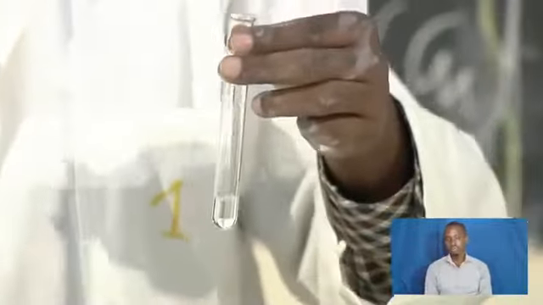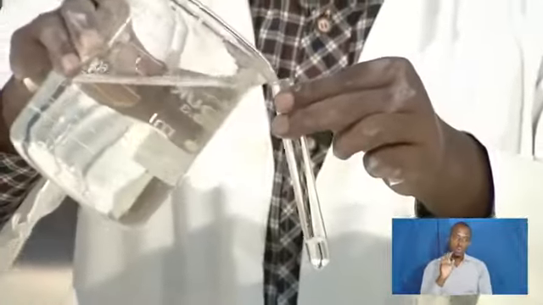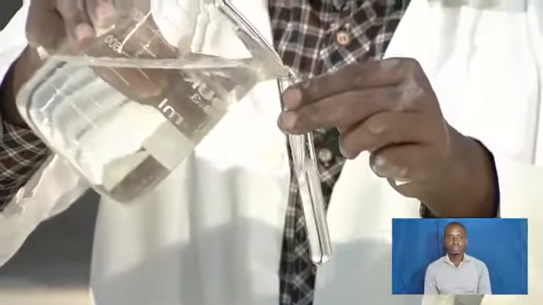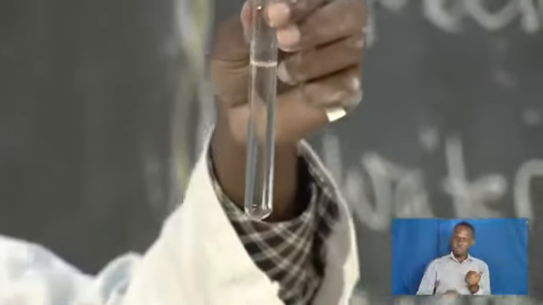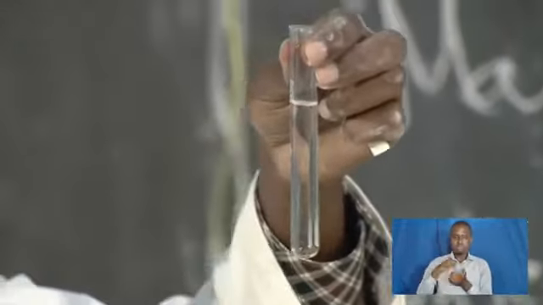So that is the alcohol there. And then we add water in it. So you see there is no layer, it is uniformly distributed.